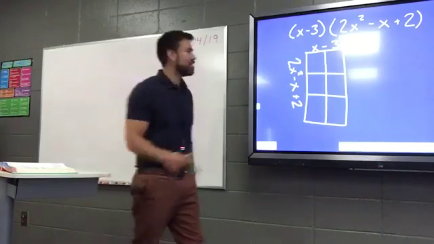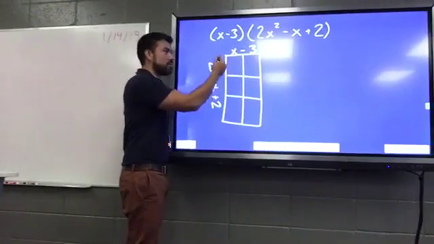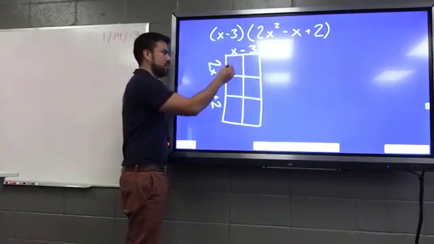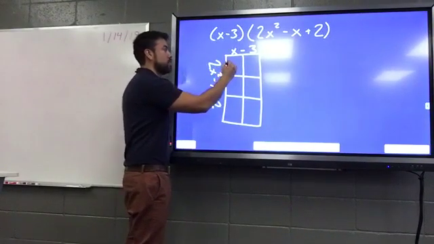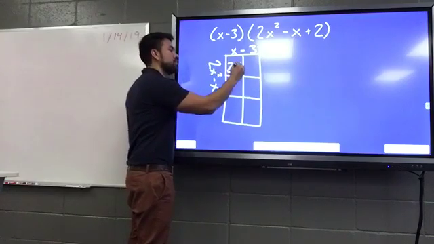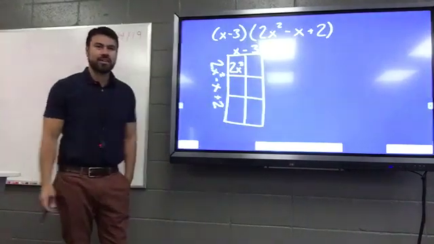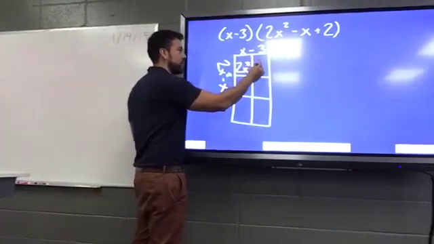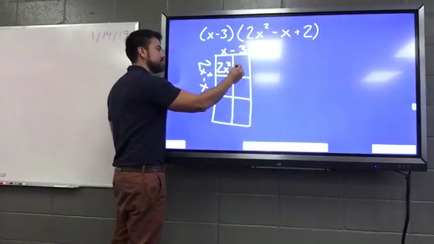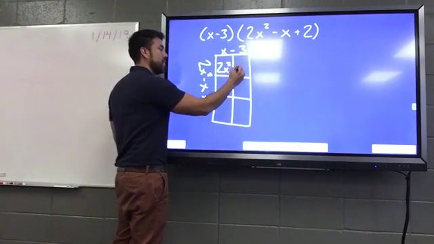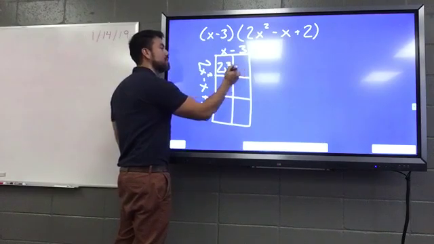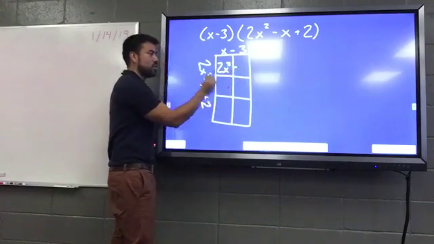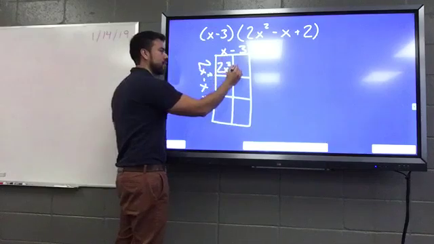All right, Nick, what should go in this spot right here according to my tabular setup? 2x to the third. Okay, that's right. Caroline, what should go right here? Negative 3x. Oh, sorry. Wrong box. That's okay. And you can look at what mine is right here.